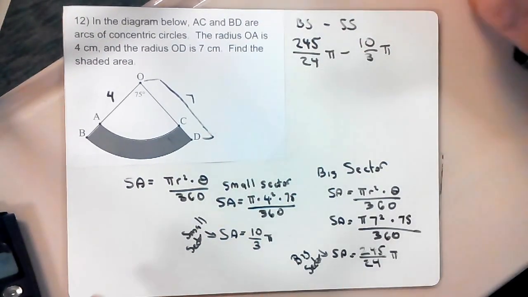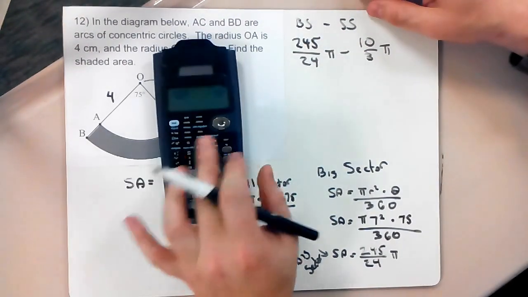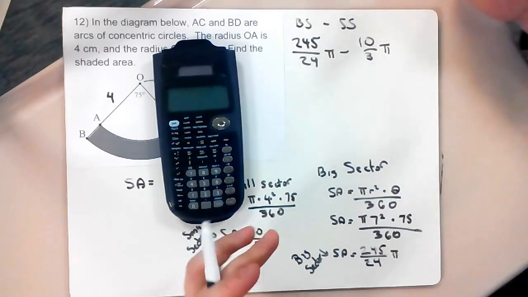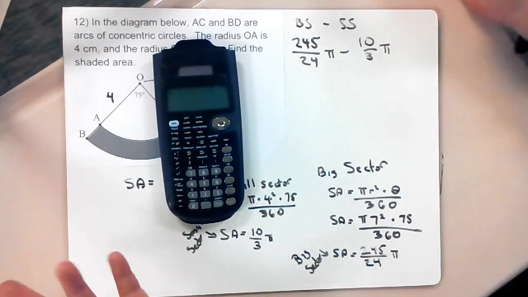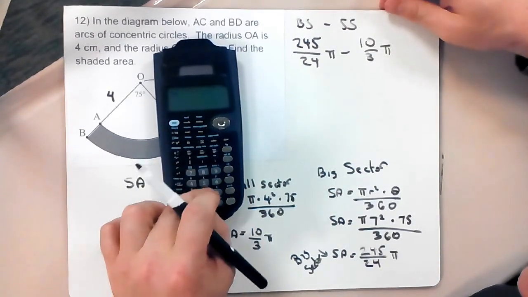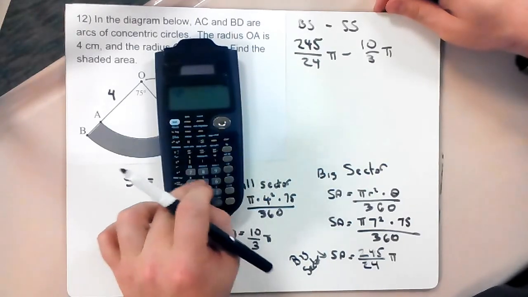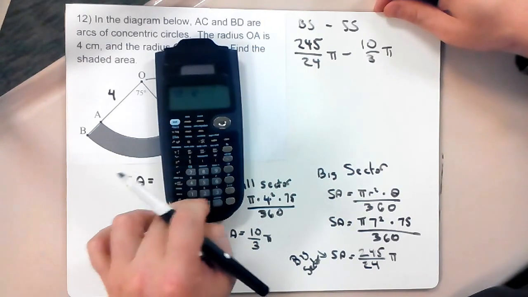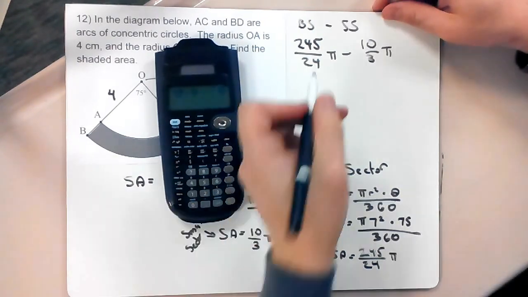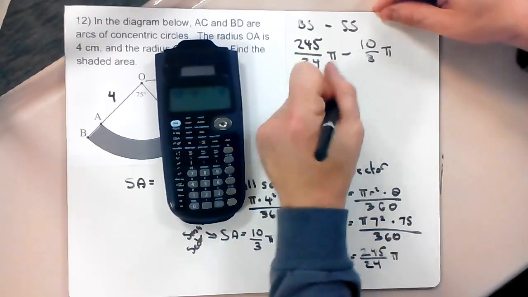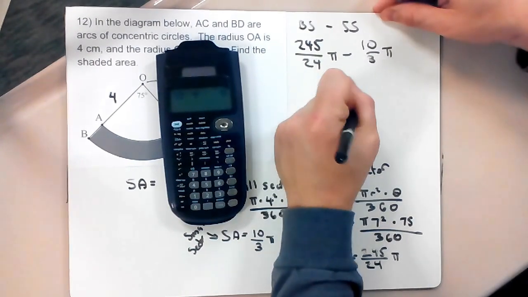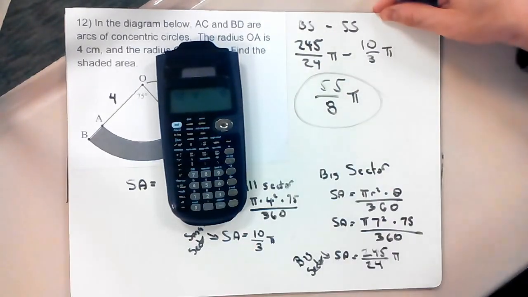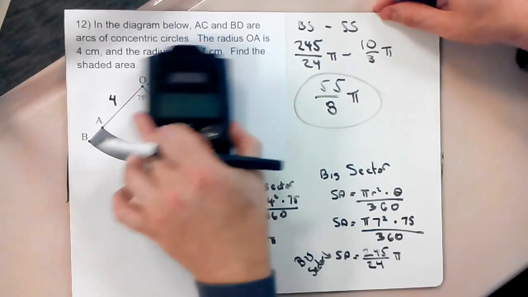Again, don't get blown away by these fractions and symbols. The calculator does most of the work, and pi just comes along for the ride. That's all it does. So we're going to say 245 over 24 minus 10 over 3. And I got 55 over 8 pi. Done. Okay, that is the area of the shaded region.